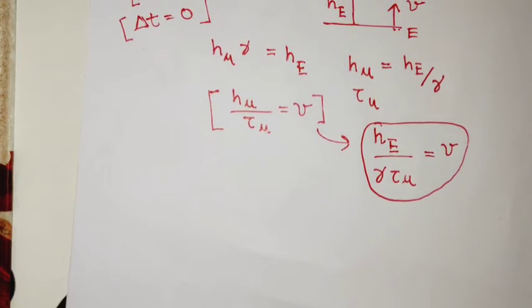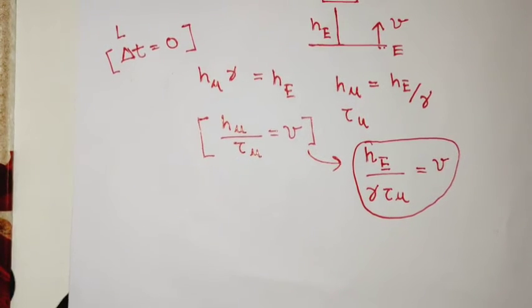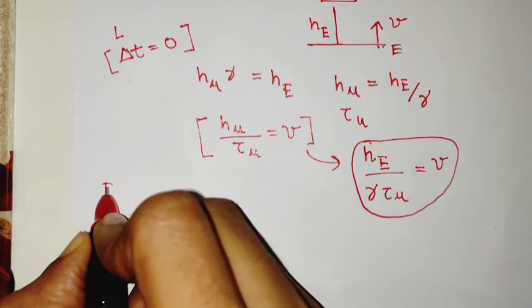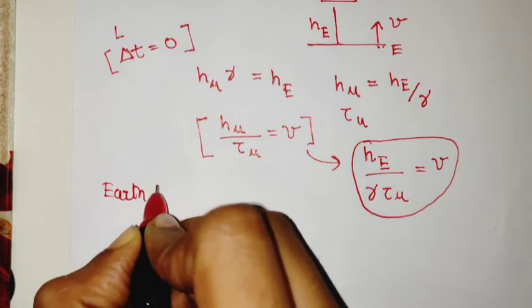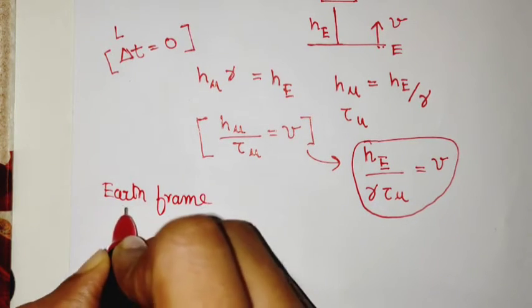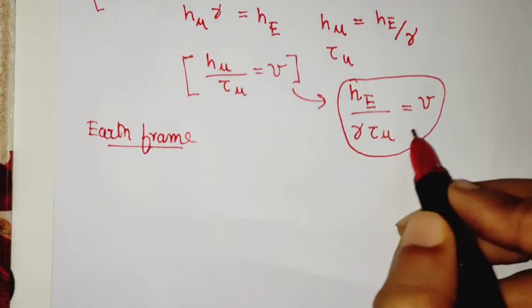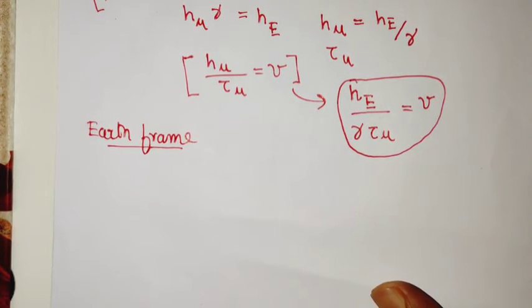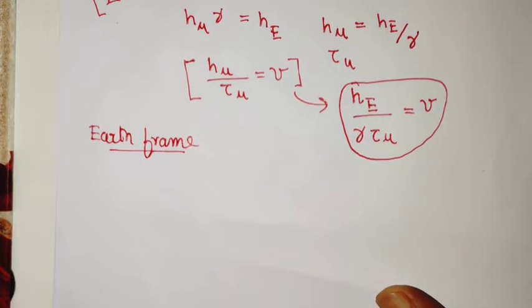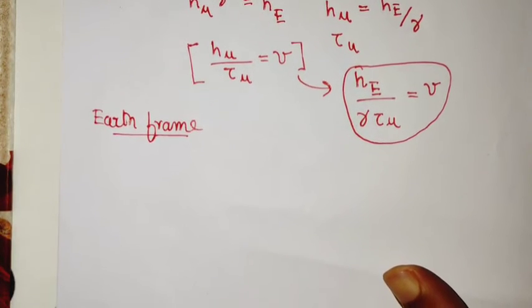Now we will analyze the same question in Earth's frame. We will see that we must get the same answer in whatever frame we are discussing, but the way to get this answer will be different.